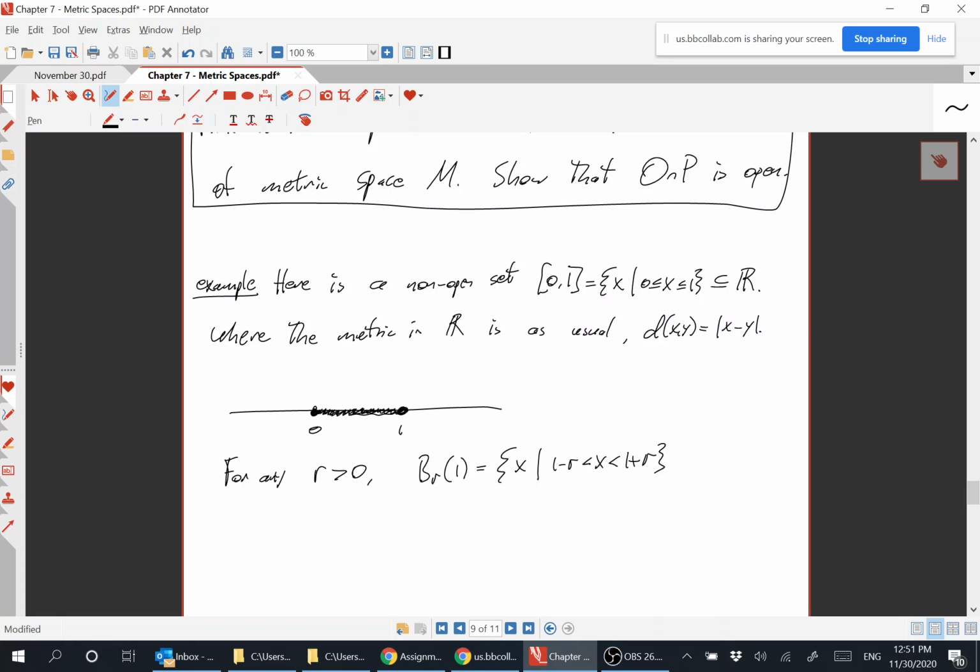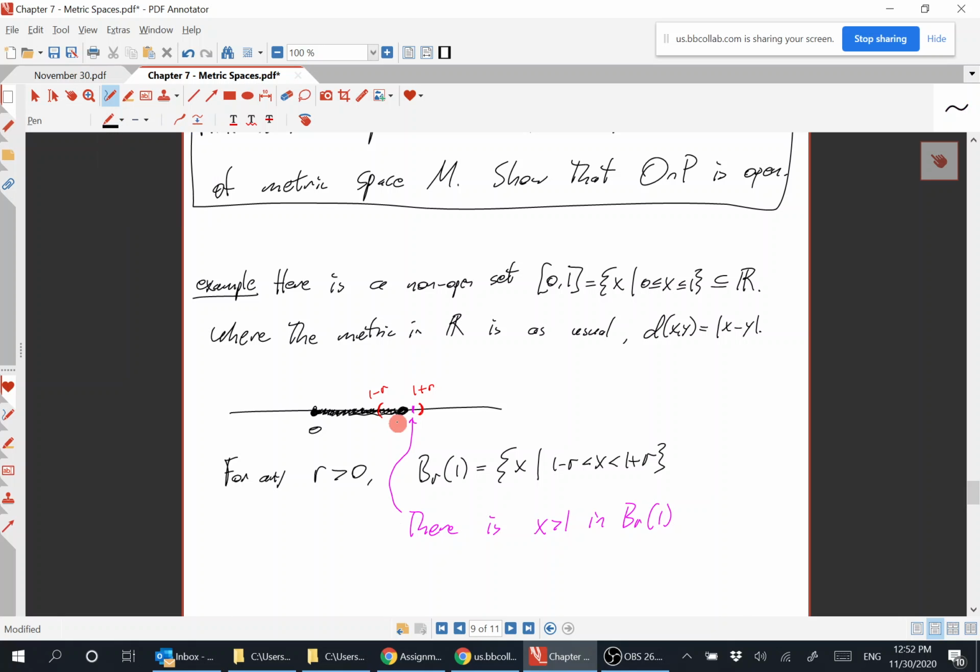But there's always a number bigger than 1 in there. There's always going to be some number in B_r(1) that's not in the interval from 0 to 1. 1 plus r is a positive distance away, so between 1 plus r and 1, there's always something.